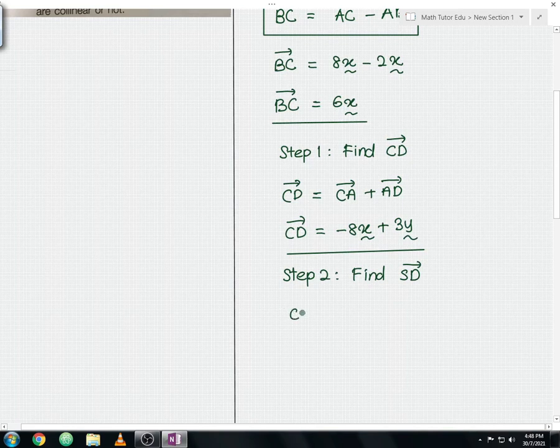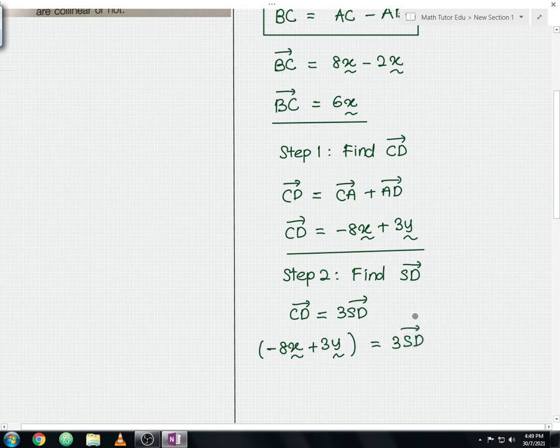Given that CD is equal to 3SD, and CD we have already found in the first step, which is negative 8x plus 3y, you substitute the vector value over here. So negative 8x plus 3y is equal to 3SD.